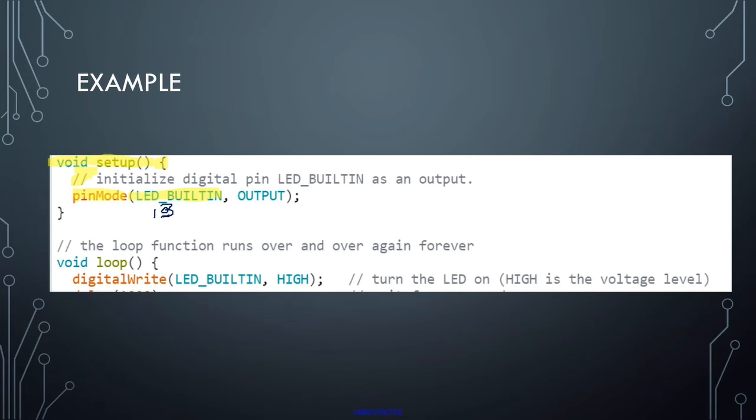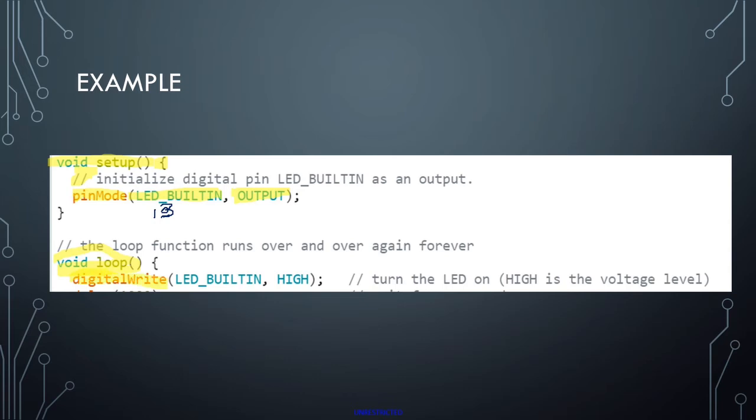If you're using the built-in pin, you might want to remind yourself of that by using the term LED_BUILTIN. If you are connecting something external to that pin, then you may just want to use the pin number 13 to help keep those separate in your mind. Okay, moving on, I am declaring that as an output. Then moving down to the void loop, I am using my digitalWrite command.